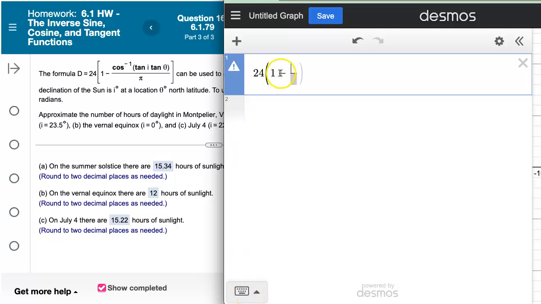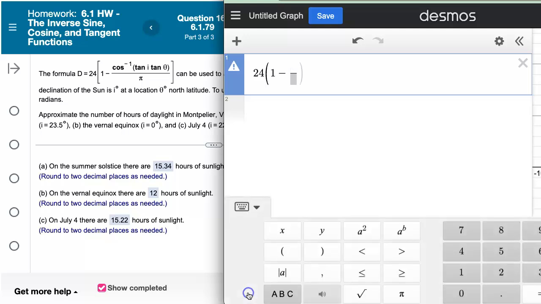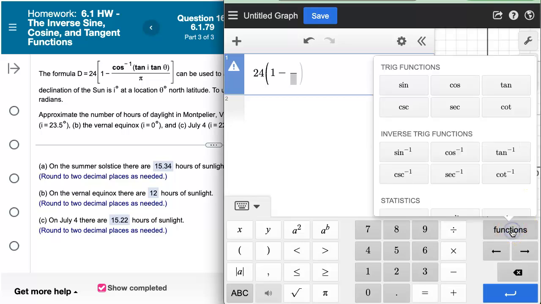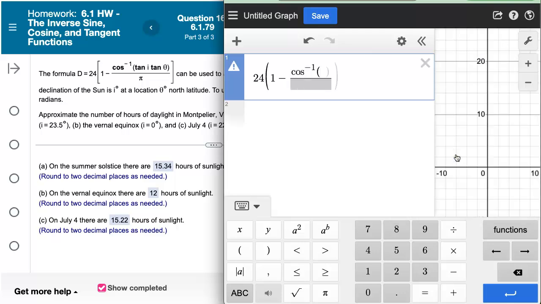And then from here, I can either type in these trig functions, or I can access them in the keyboard. So let me move my screen a little bit more so you can see they are underneath the keyboard with functions, either trig functions or inverse trig functions. So if I want to use that first one, inverse cosine, then I would select it here.